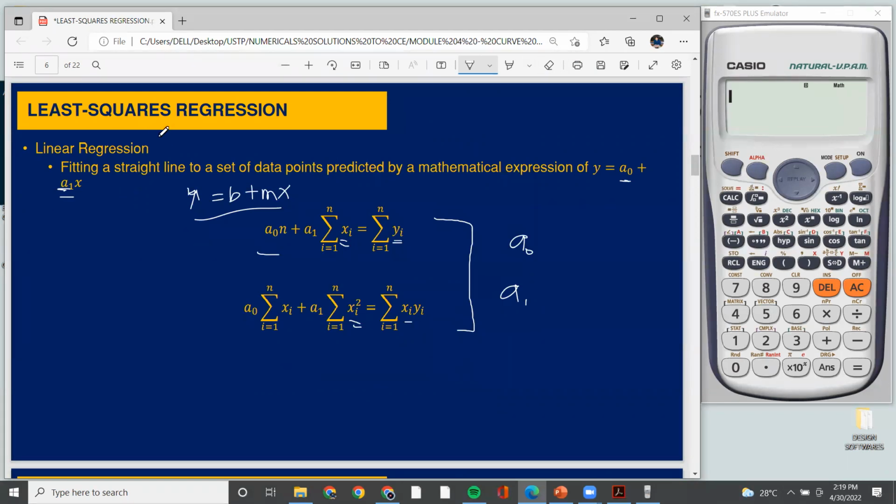First, you have the y, no? So we have the y equal to a sub 0 plus a sub 1 x.